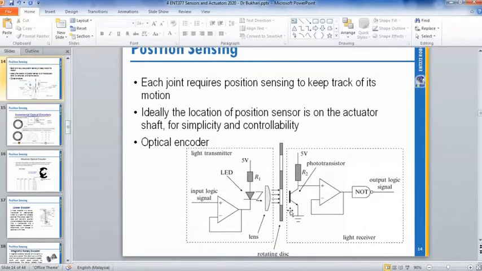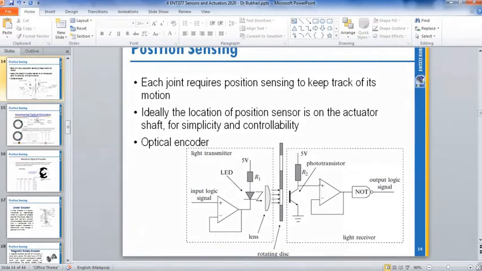So if this transistor detects the light, the current can go through to ground. When the current goes to ground, the voltage here becomes 0. If there is no light at the phototransistor, that means the 5 volt will go to your plus port.